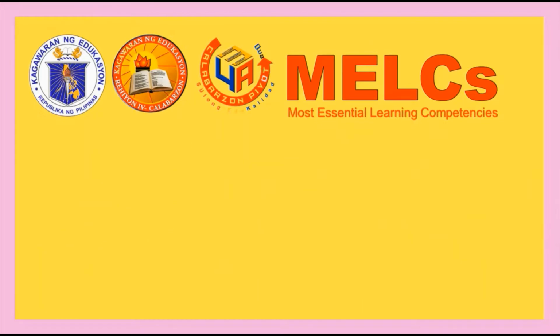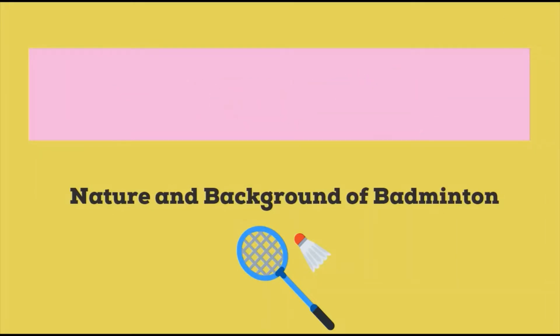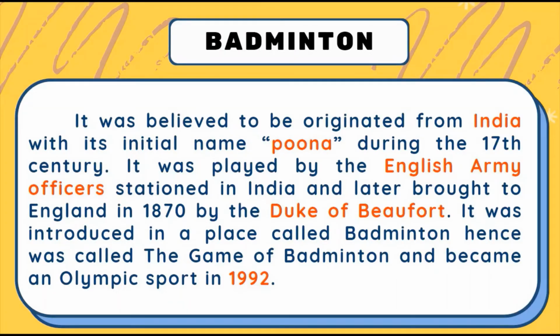Lesson 1, Nature and Background of Badminton. What is badminton? It is believed to have originated from India with its initial name Poona or Pona during the 17th century. It was played by the English army officers stationed in India and later brought to England in 1870 by the Duke of Beaufort.